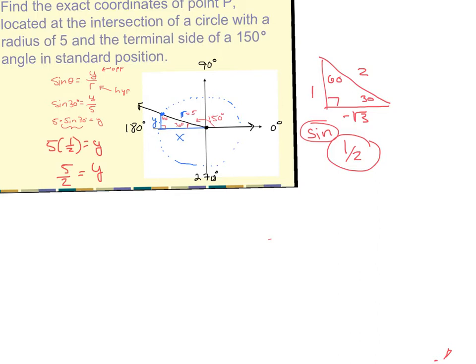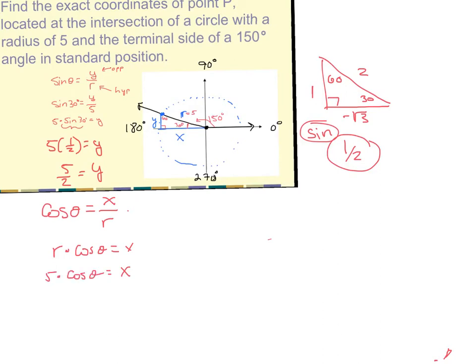I can do the same thing with cosine. Cosine of an angle is equal to the adjacent side over the radius. The adjacent side is x, the hypotenuse is the radius r, and I can solve for x by multiplying both sides by r. So r times cosine of theta is equal to x. So x is equal to 5 times cosine of theta.